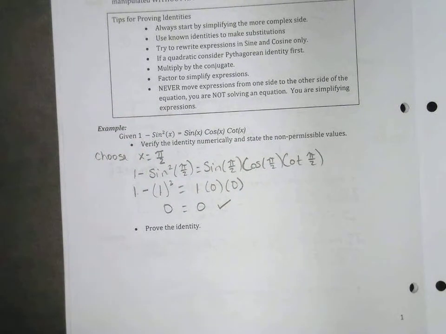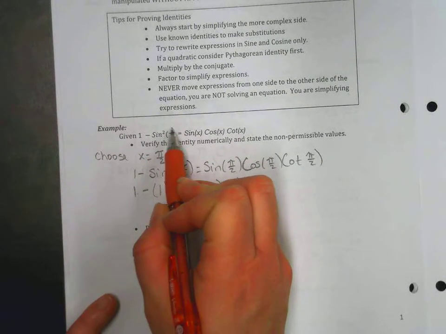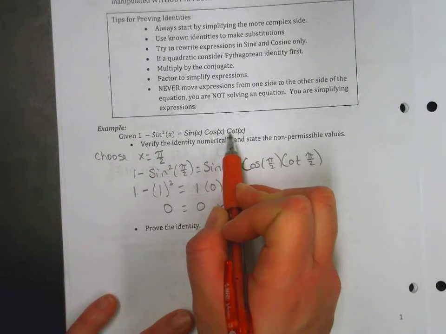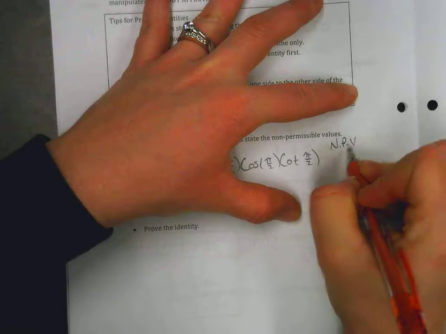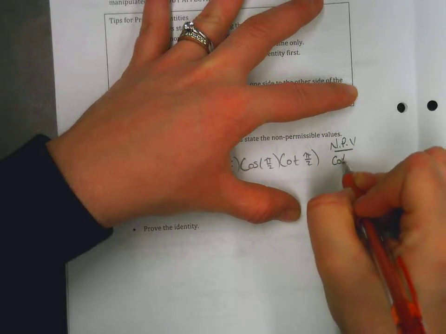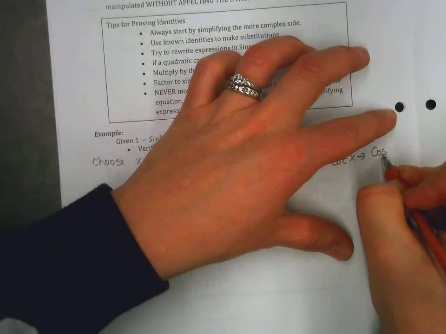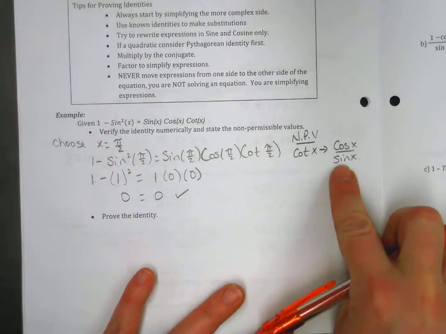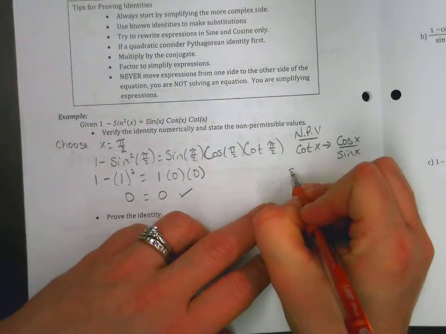And we want to state the non-permissible values. We don't have to worry about sine. We don't have to worry about cos, but we do have to worry about cotangent. We know cotangent of x is the same as cos x over sine x. So we have to consider the denominator of this fraction.